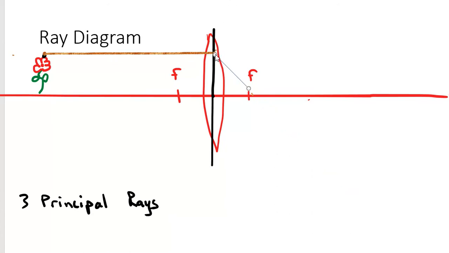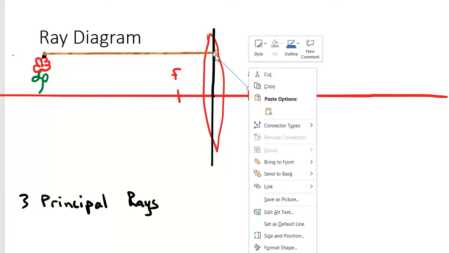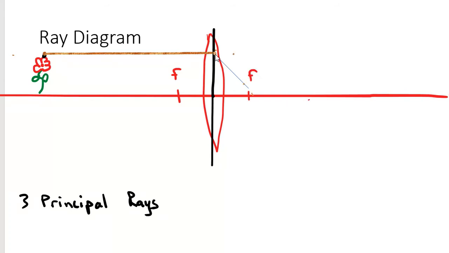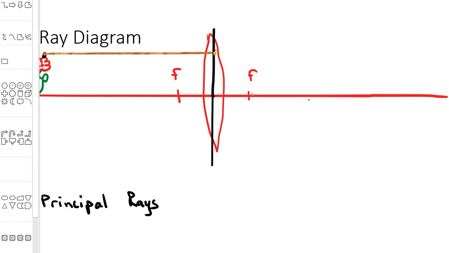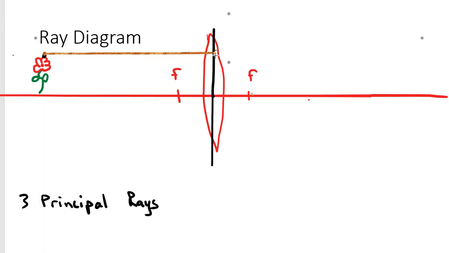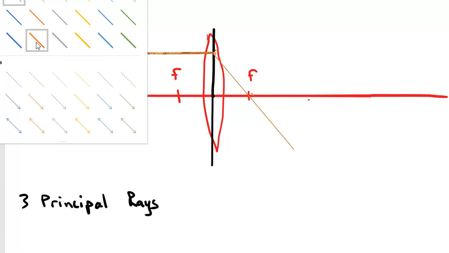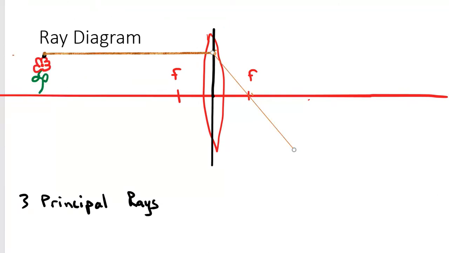Come on. I'm going to extend this line. Get out of my way. All right, there we go. Having some issues there, but I think we got it now. And there is my line.